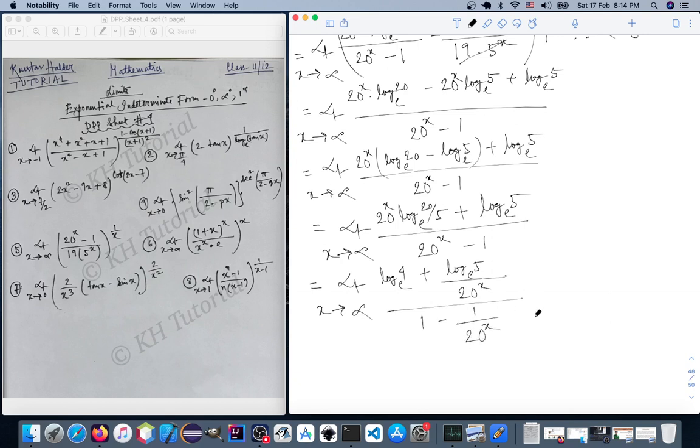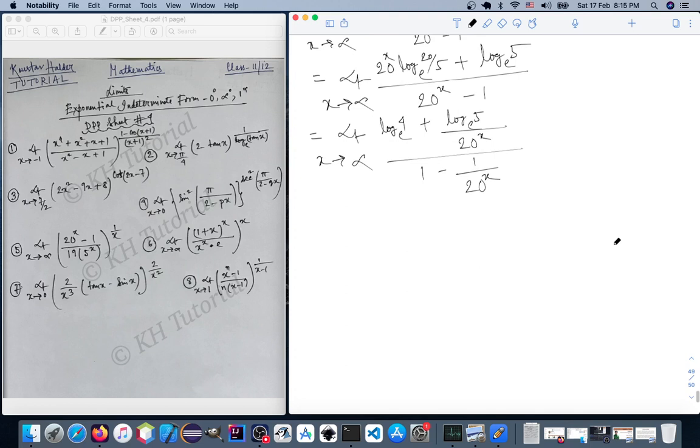Now when x tends to infinity, 20 to the power x also is tending to infinity. So the 1 by 20 to the power x will become 0. Also the log e 5 by 20 to the power x will become 0. So this becomes log e 4 plus 0 over 1 minus 0, log e 4.